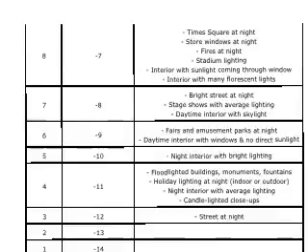So let's start at the top. Times Square at night, store windows at night, fires at night. We'll stop there. More than likely, that's going to be between the 5 and 8 range of an EV setting. Because what you're doing with an EV setting, anything above 0 that's positive, you're offsetting for the darkness in that area, the darkness in that light setting that you're taking a picture of.